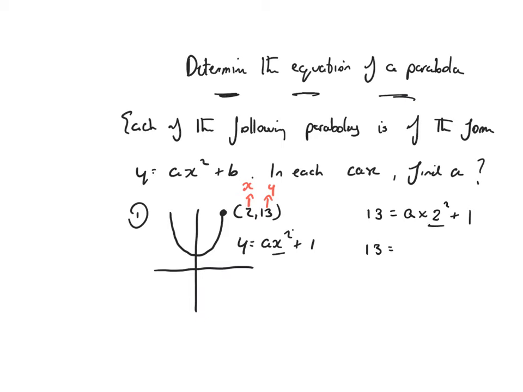Okay, so 2 squared is 4, so that's 4a plus 1. So I've now got 4a plus 1 is equal to 13. That's just a simple equation then. 4a will be equal to 12. Bring the 4 down, divide. And the final answer is a is equal to 3.